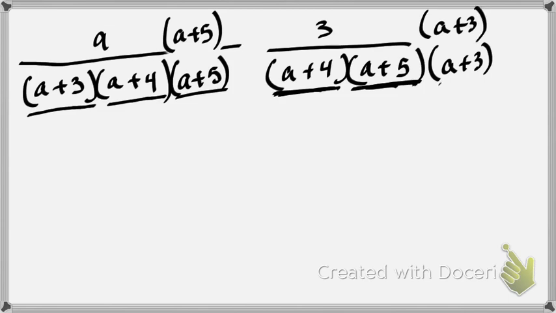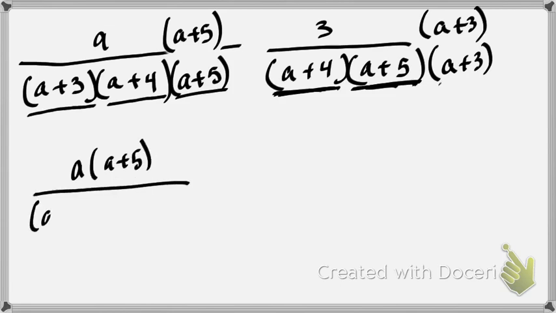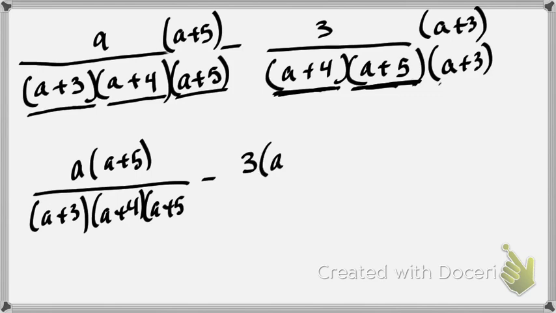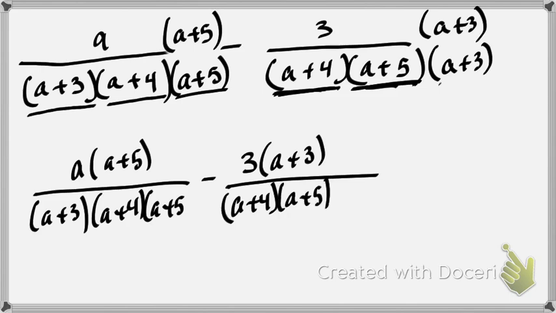Okay, so this is what we have now. We have a times a plus 5 divided by all that good stuff on the bottom. It's kind of tedious to write all this out, but it's necessary. We have a plus 4, a plus 5, and a plus 3.